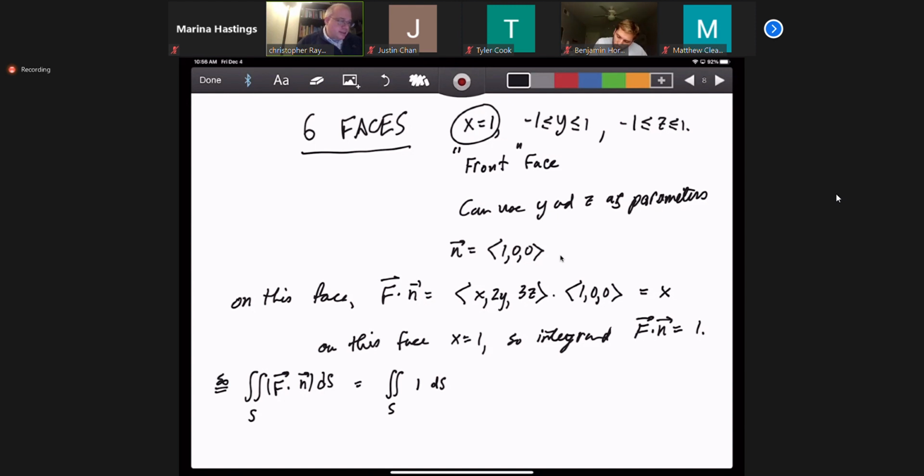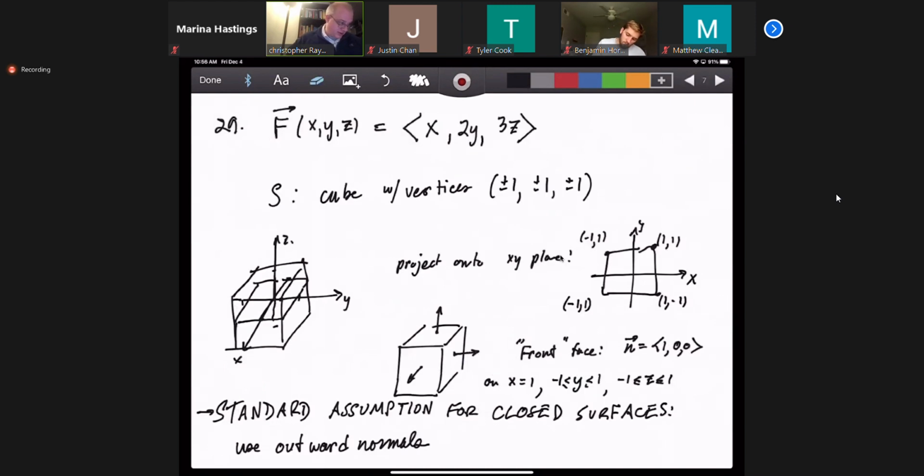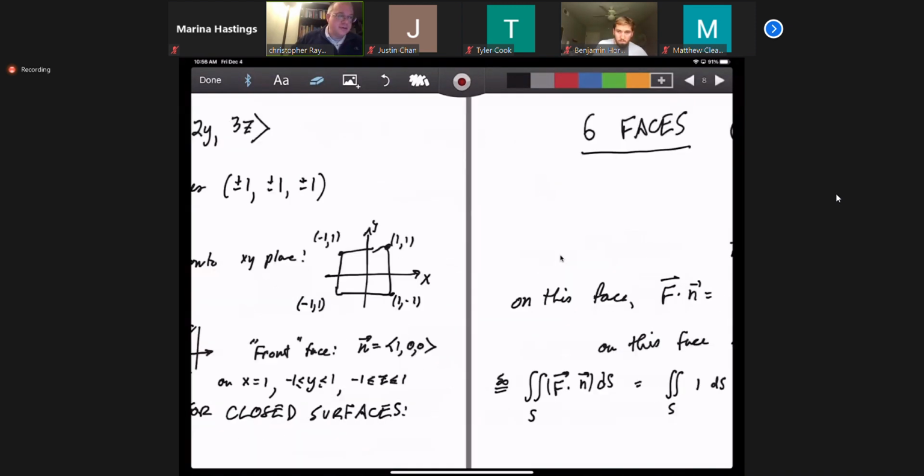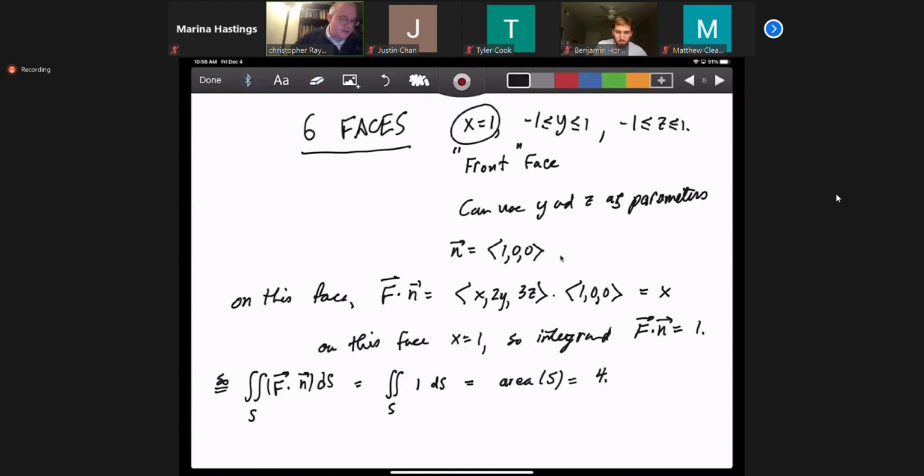All right, so given that that's a flat surface, right, we're integrating 1 dS over a square, right? That's just the area of the surface. And what's the area of the front face of our cube here? Well, the side of the cube is 2. So that area is just going to be 4.